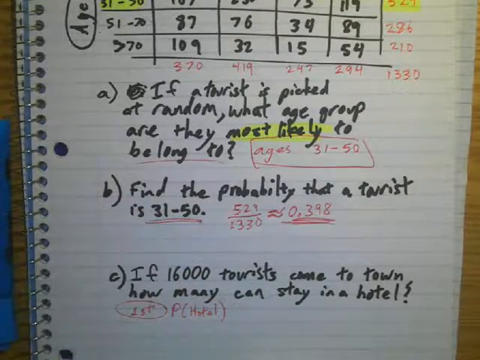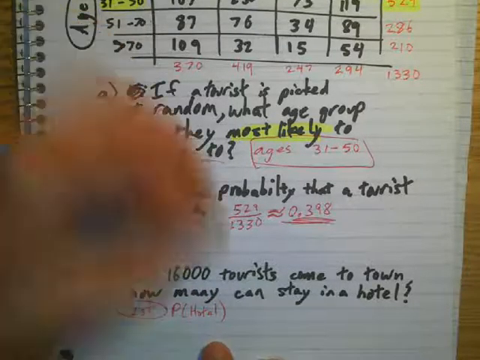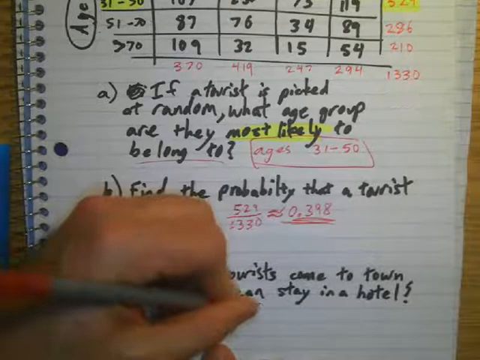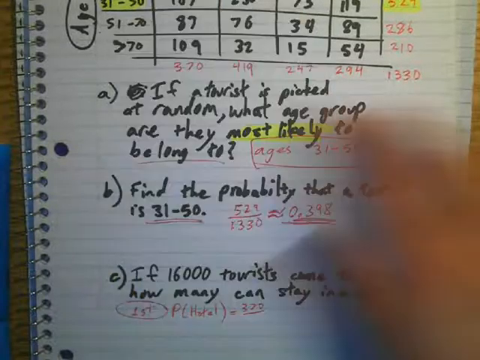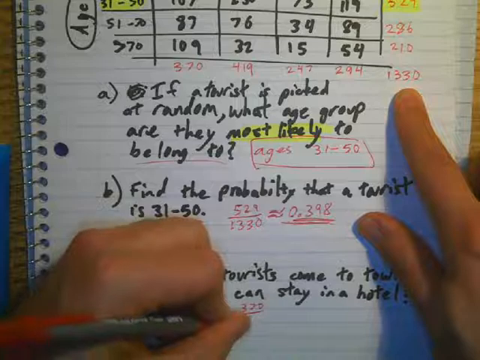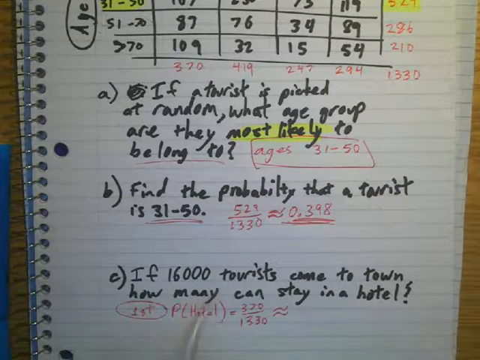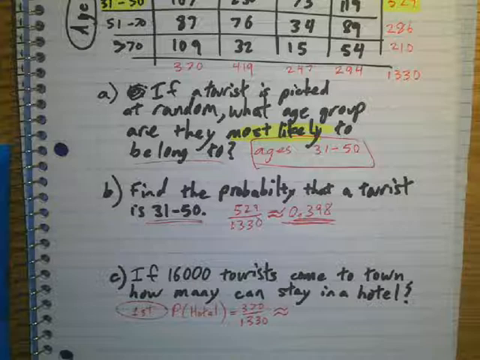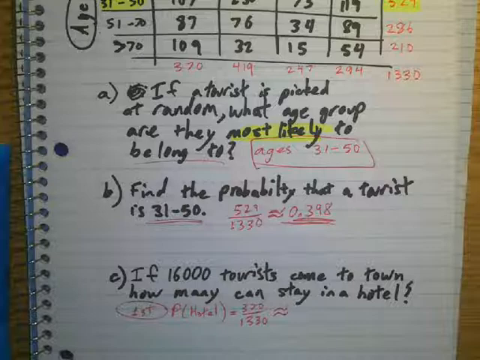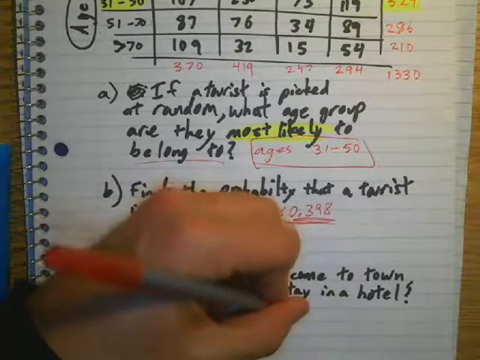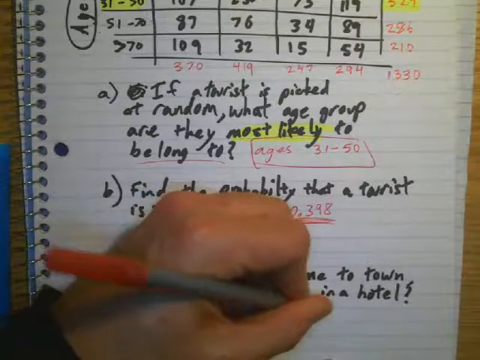Okay, so how many people are in the hotel in the first place? 370. How many people are there total? 1,330. So this probability is going to give me 370 divided by 1,330, and we get about 0.278.